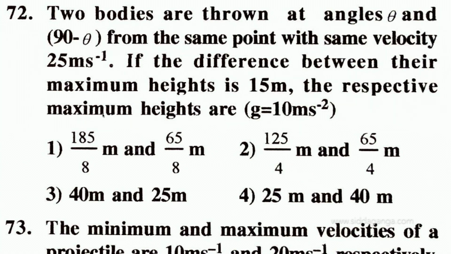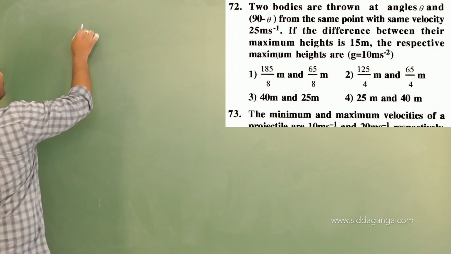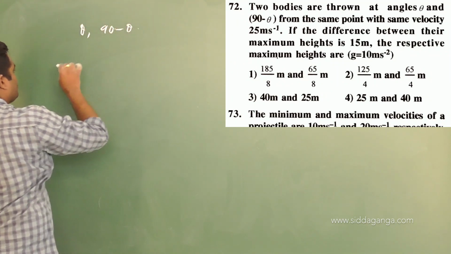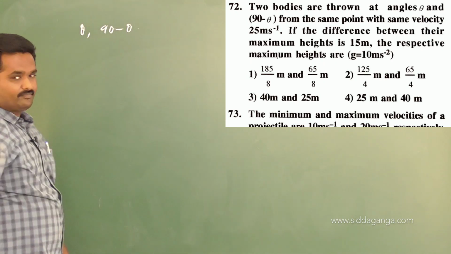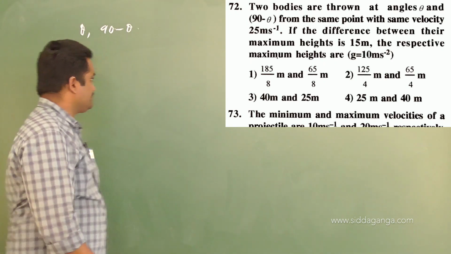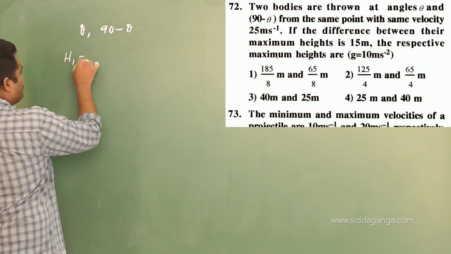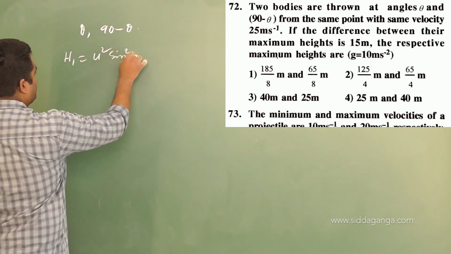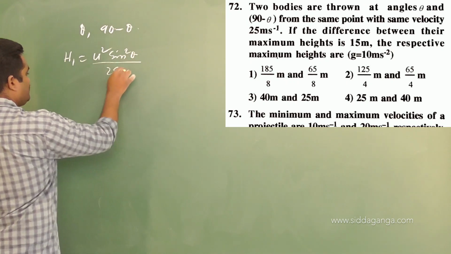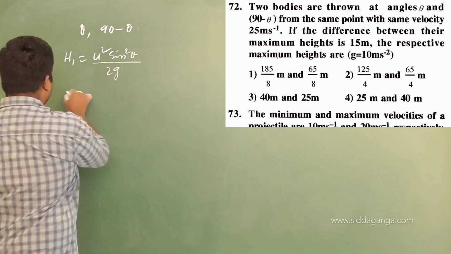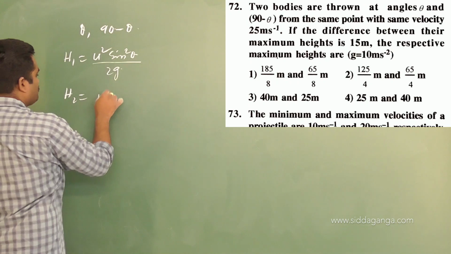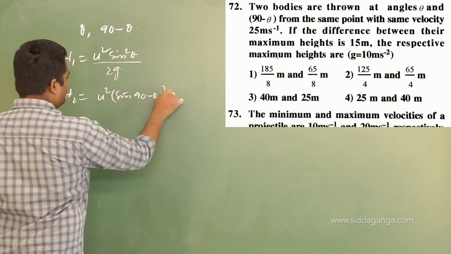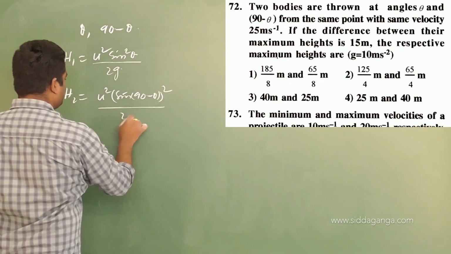Theta and 90 minus theta means the ranges are going to be same. What is h1? Thrown with same velocity, one is u square sine square theta by 2g and the other one, h2, will be u square sine 90 minus theta whole square divided by 2g.